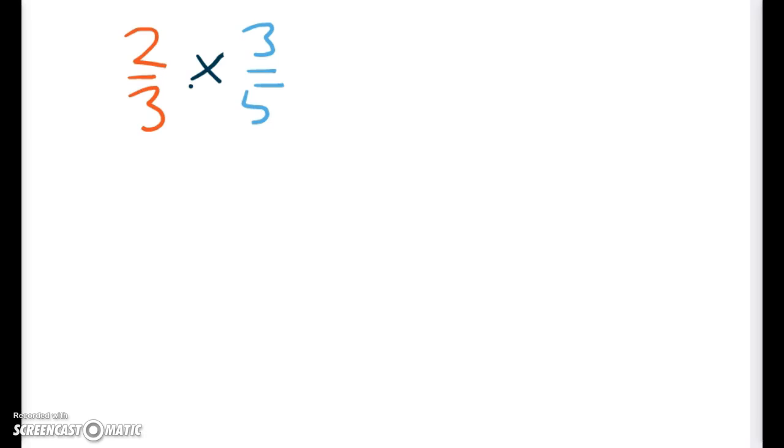To make sense of multiplication, at this point, children should have a good sense of using the array model for multiplication of whole numbers. So let's go ahead and take advantage of that as we think about using the array model for fractions.